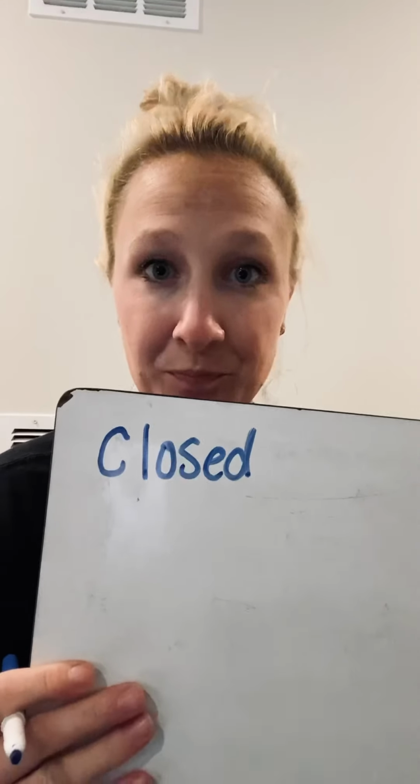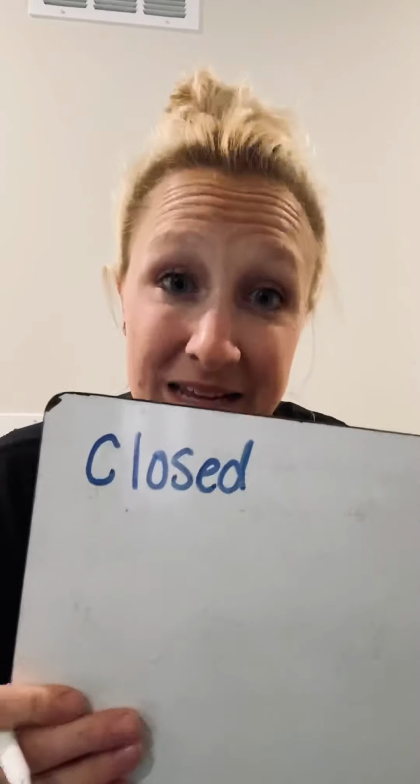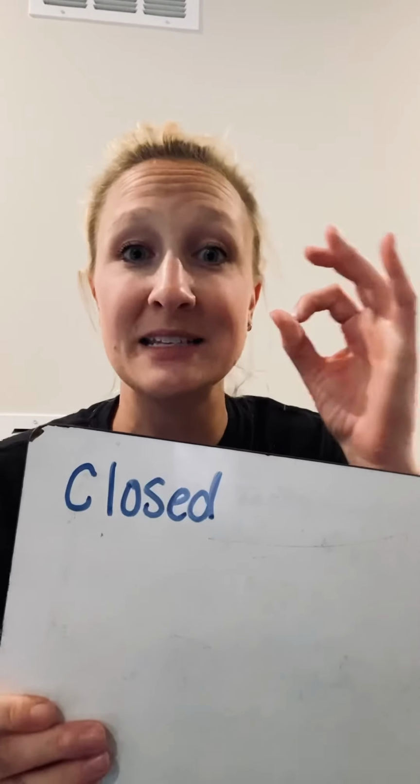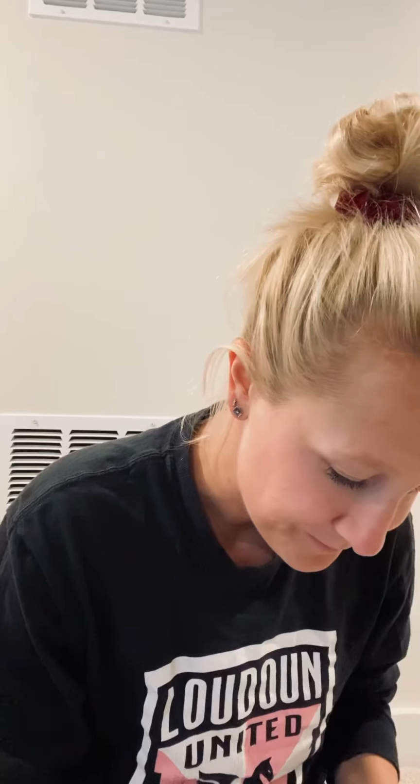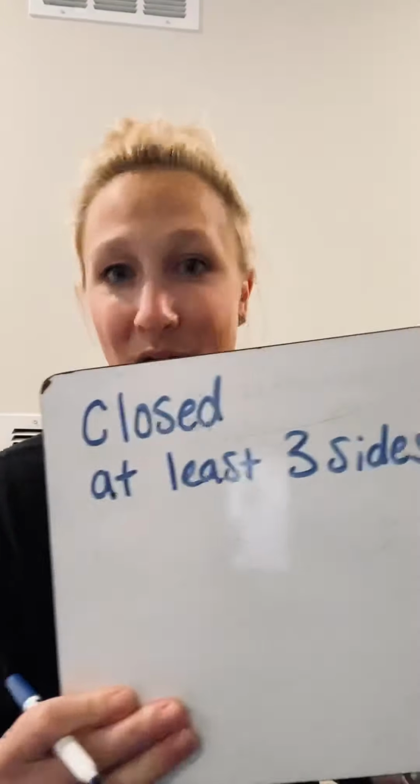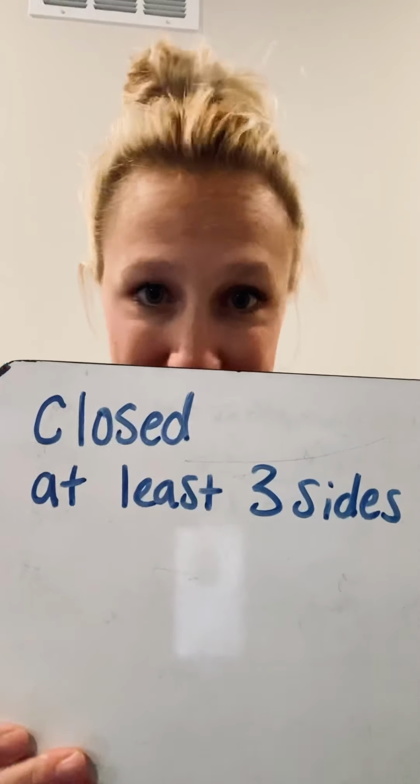Now, there are some rules, however, to make sure a shape goes under the category of polygons. The first thing is they must be closed shapes. I will show you what that means, but basically that means the shape doesn't have a side that is open. They need to have at least 3 sides, which would make sense because you cannot make a shape with 2 sides.